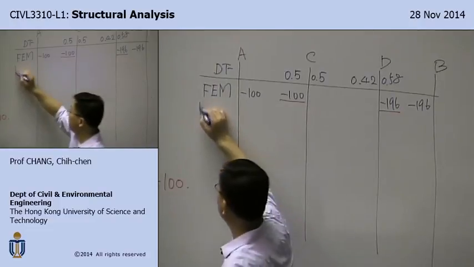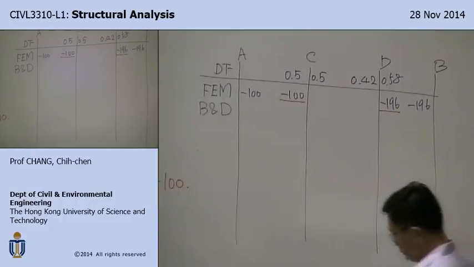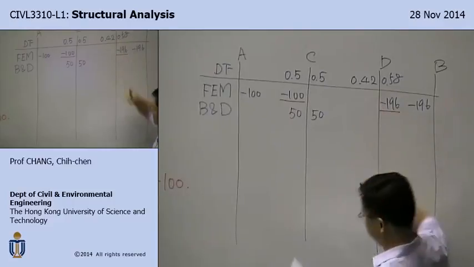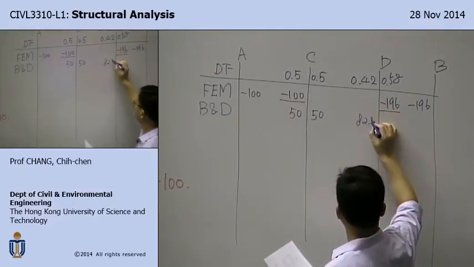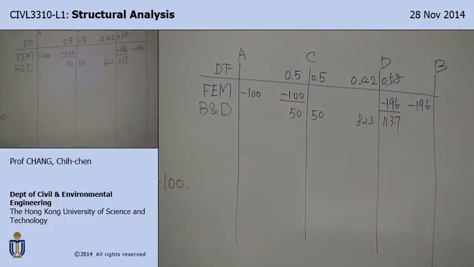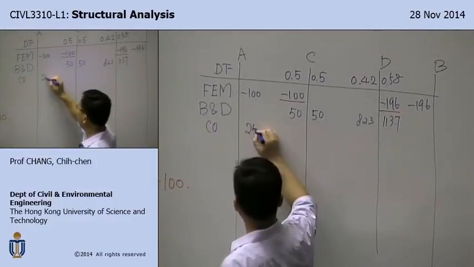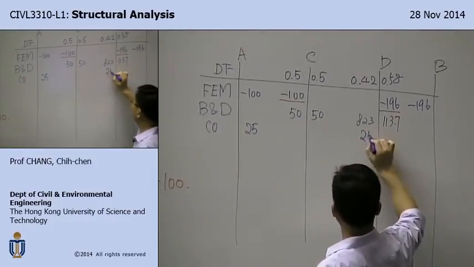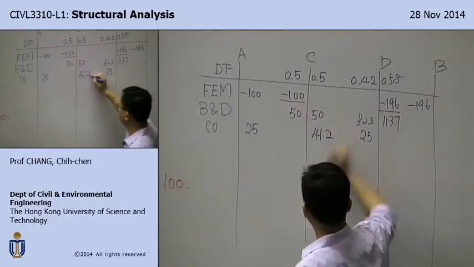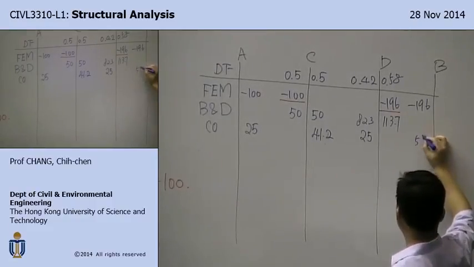So then you need to do a balance and distribute on the assumed conditions. So this becomes 50, 50, and then this split. Carry over here, 25. From here to here, 25. In here, 41.1 or 41.2. And here to here is 56.8.